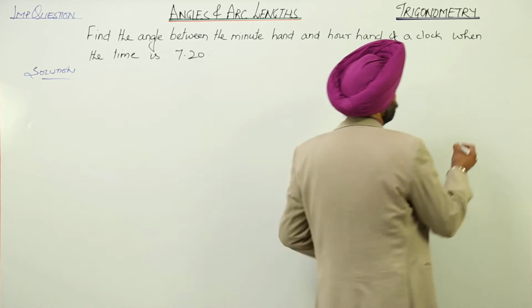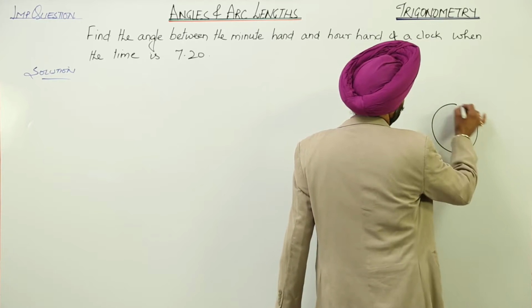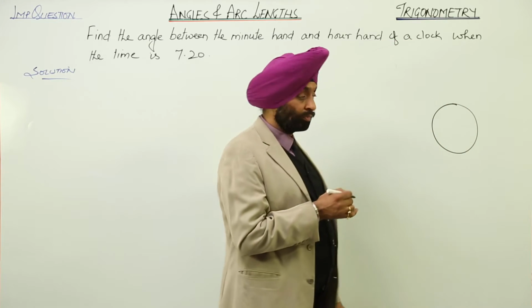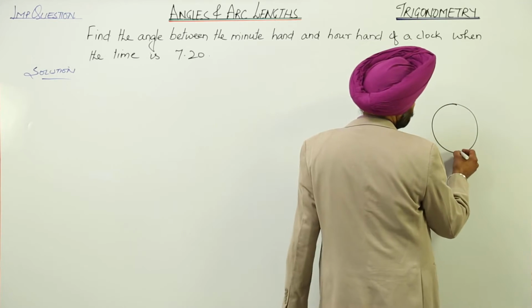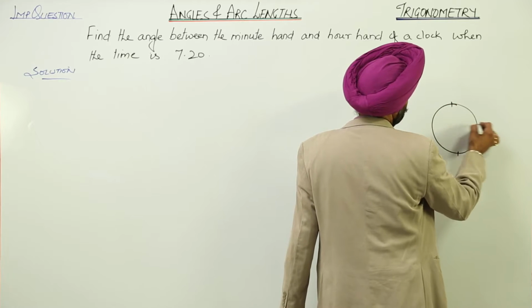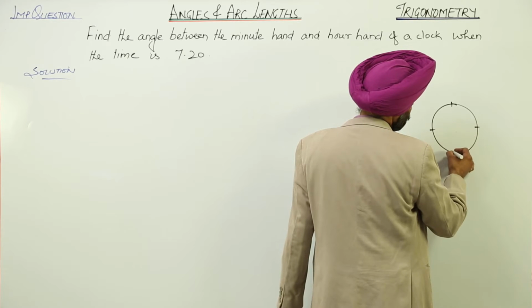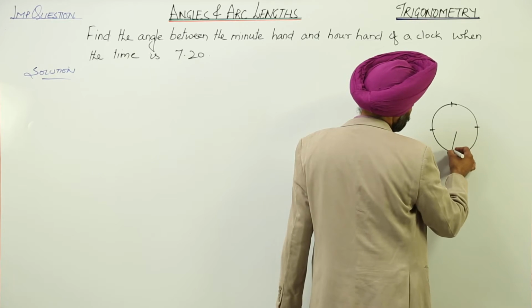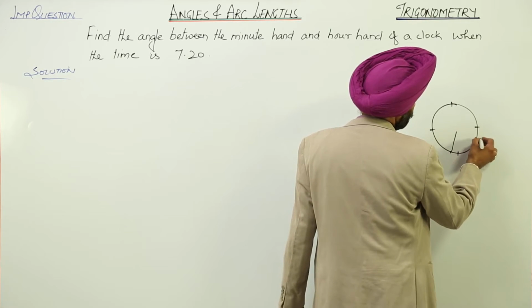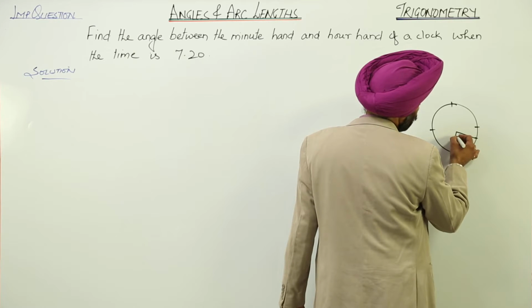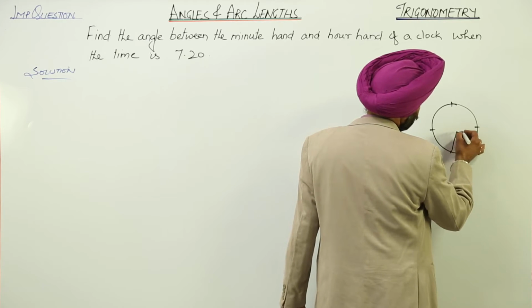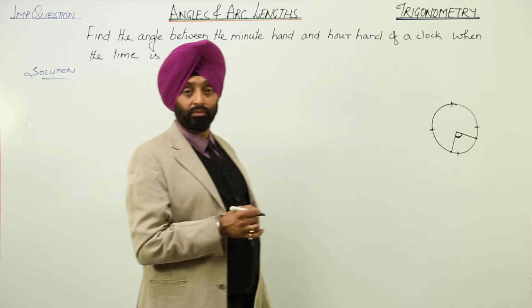Now just look here. Suppose this is your watch. Here it is 6 and here it is 12, 3 and 9. Now this one is 7 and this one is 20. Now we have to find the angle for this part. Is it clear?